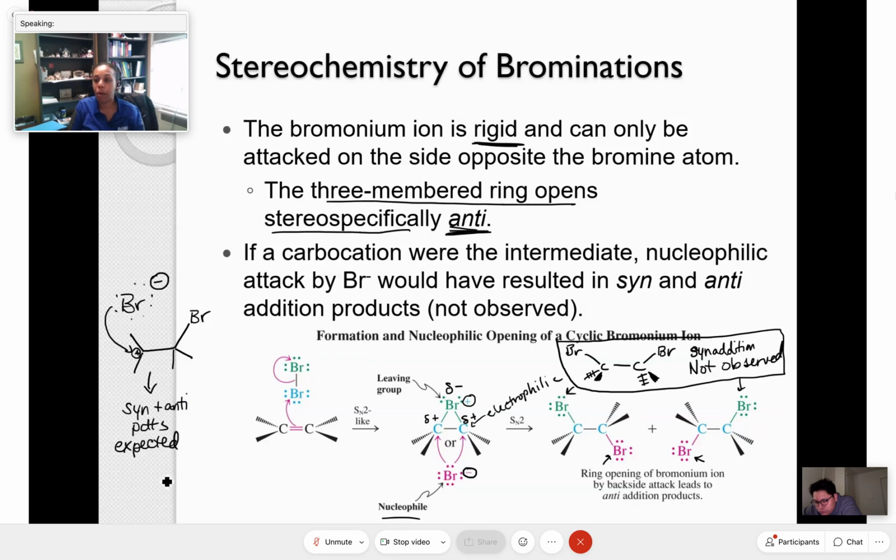We would expect to have both syn and anti, where if it attacks from the top, then the two bromines are on the same face, so that would be a syn addition. If it attacked from the bottom, then they would be on opposite faces, but we would get this mixture of the two. We don't see a mixture of the two. We see no syn product, and so we know we have to have this bromonium ion. Because we don't see any of the syn products, we have to have the bromonium ion. If the carbocation was the intermediate, we would see both the syn and the anti, but we do not see this.